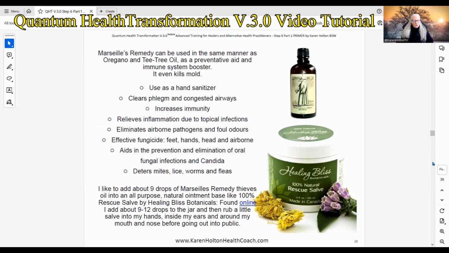I add about 9 to 12 drops to the jar and then rub a little salve on my hands, inside my ears, and around my mouth and nose before going out in public. And I want you to know, at the time of this recording, it's March of 2024, I have not had a cold since January of 2019.